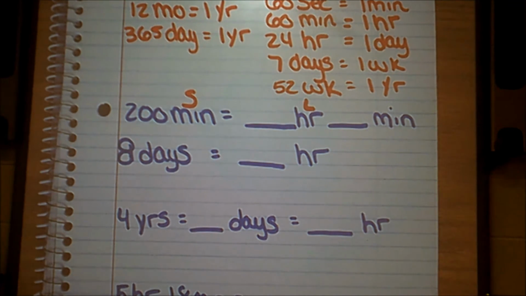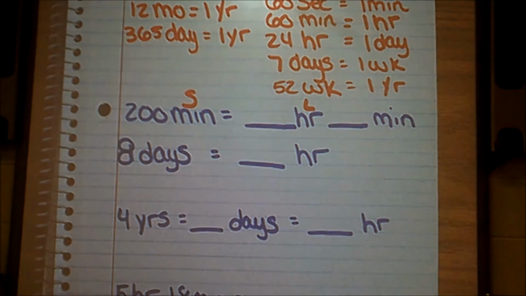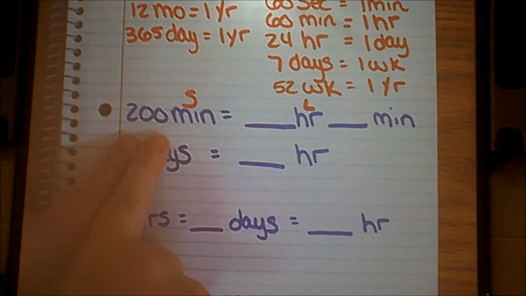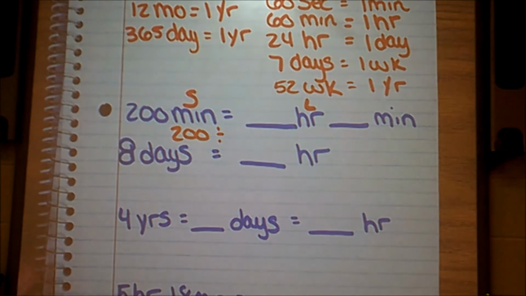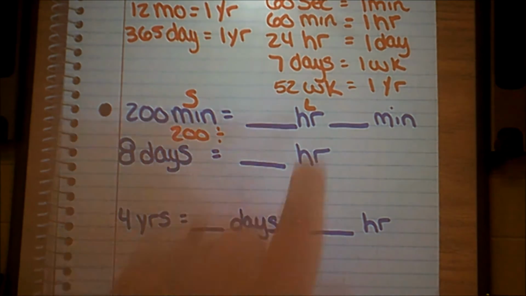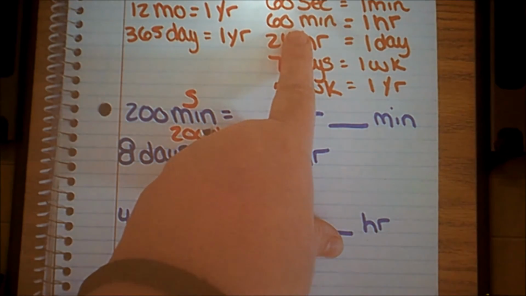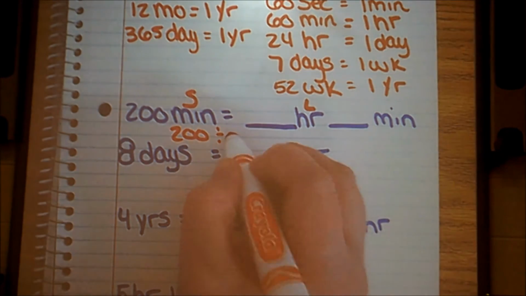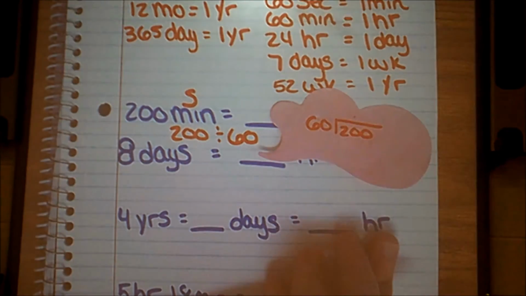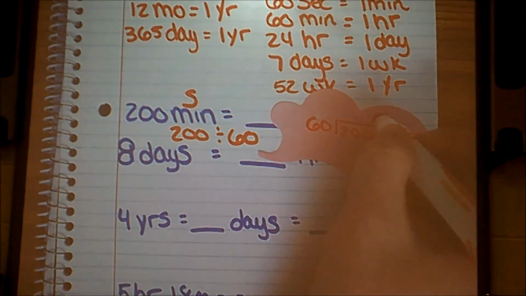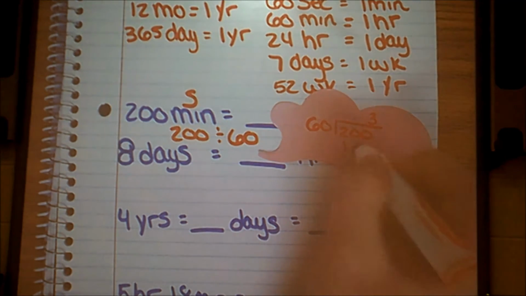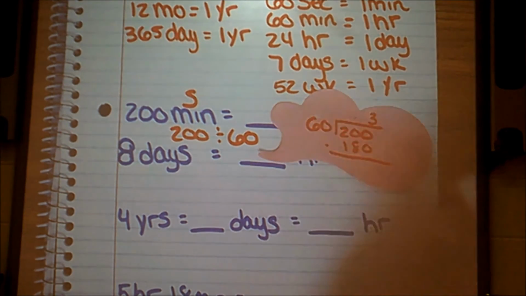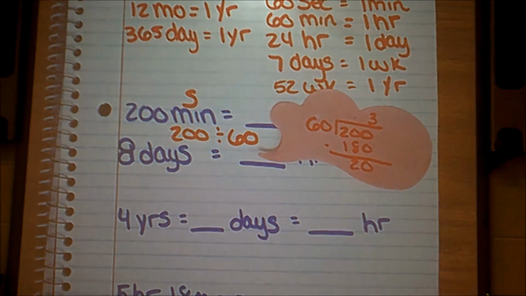Small to large divide. So I'm going to divide my 200 minutes by how many minutes are in 1 hour. And I can see up here that I have 60 minutes in 1 hour. So that is what I'm going to divide by. 60 goes into 200 3 times, giving me 180. I subtract and I get 20.